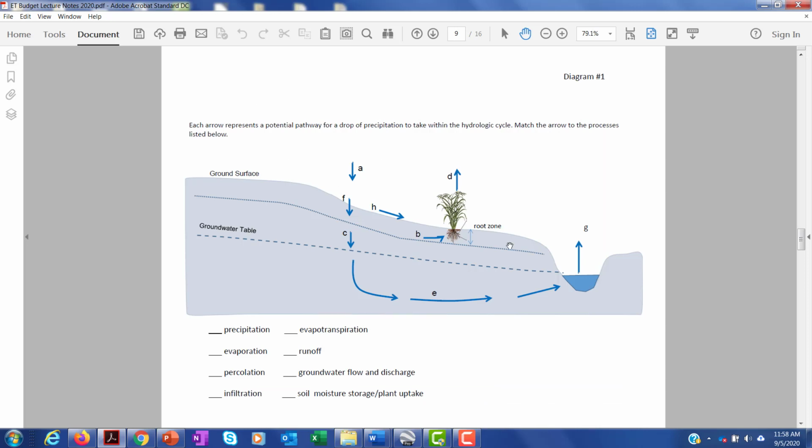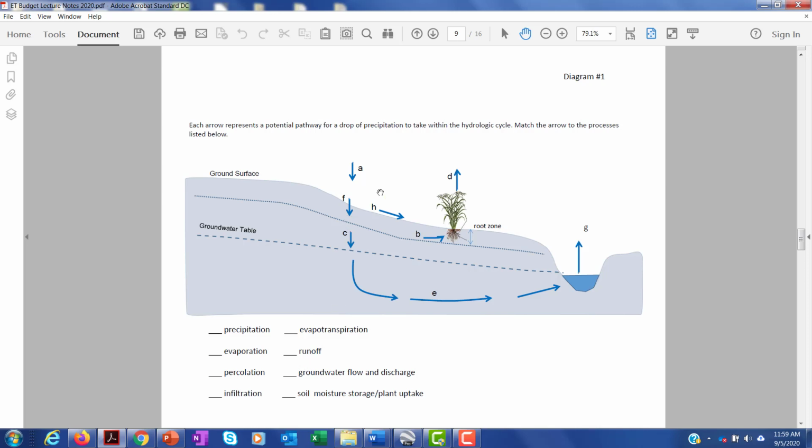So these are the components of the hydrologic cycle that I want you to be able to identify on a crude figure like this. So A is precipitation. F is where that water decides to go underneath the soil surface. That's infiltration. If it rains too hard and fast or the ground's paved over, it'll run off.